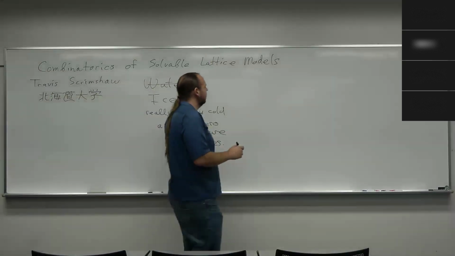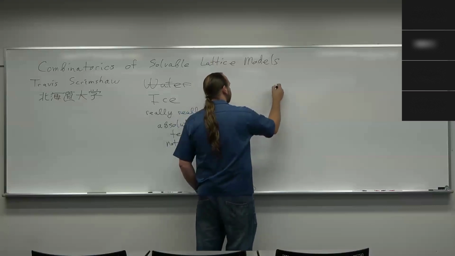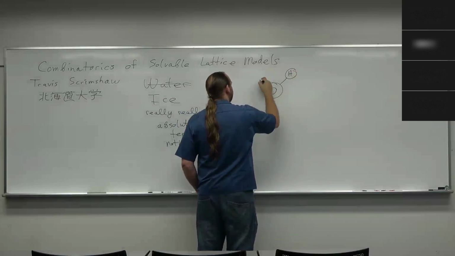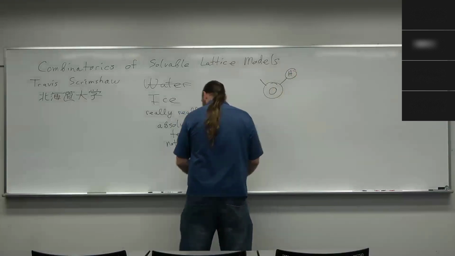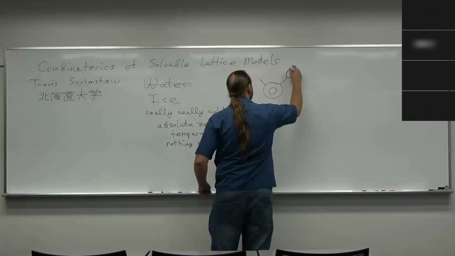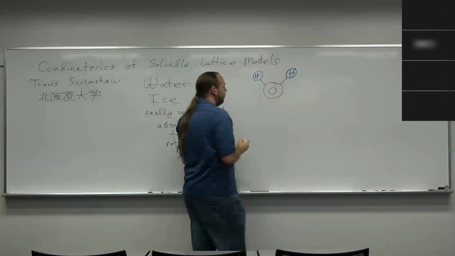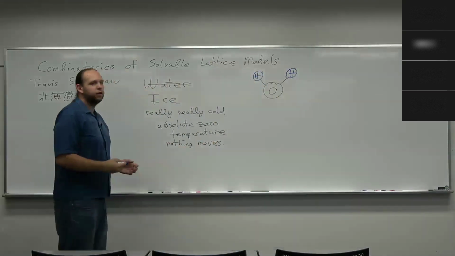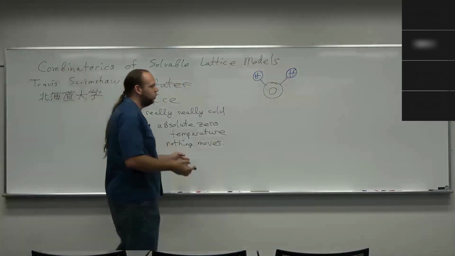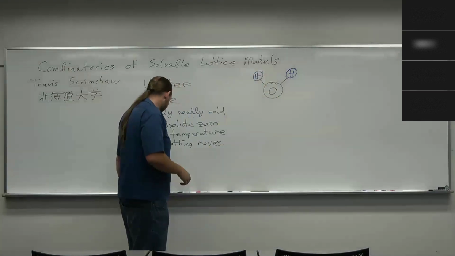If we really think about water, since I have colors, let me use colors. You've learned that water is 2 parts hydrogen and 1 part oxygen, and they have a very special bond between them.